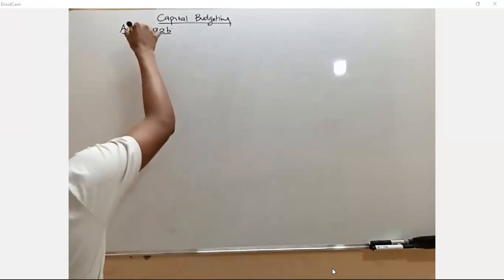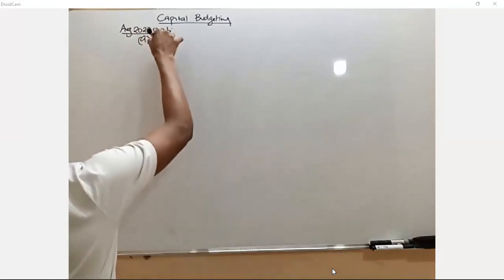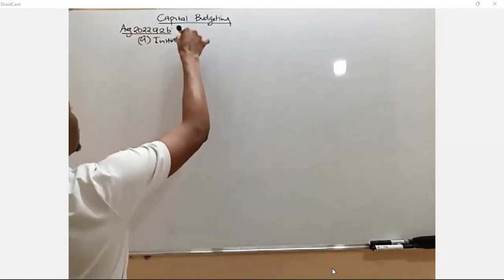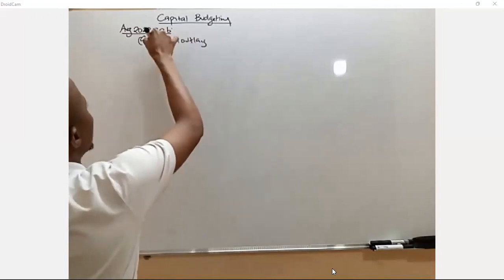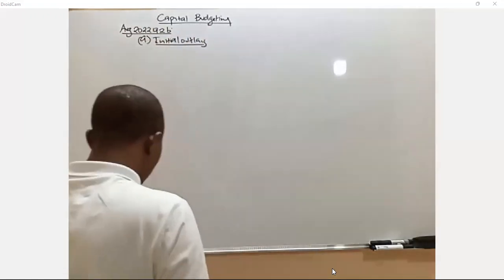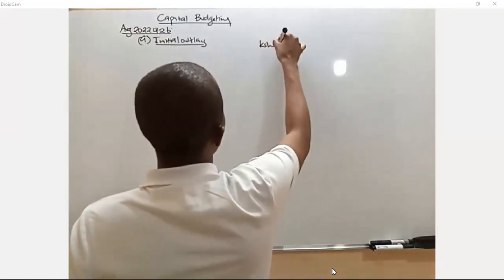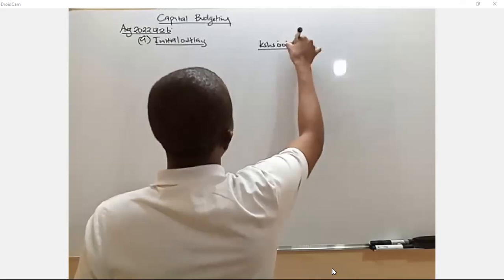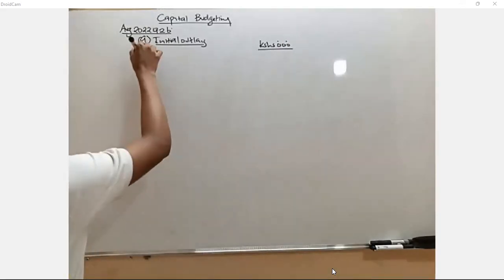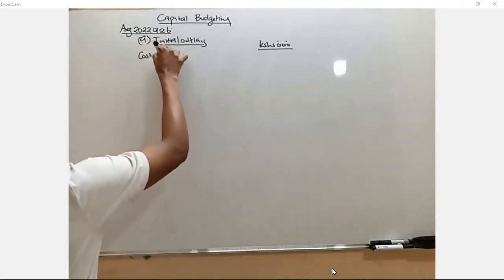So we said step number 1, we are going to be calculating our initial outlay. I gave out a format for this. So here we can talk about Kenya shillings in thousands of shillings. We start by looking at what is the cost of the machine.